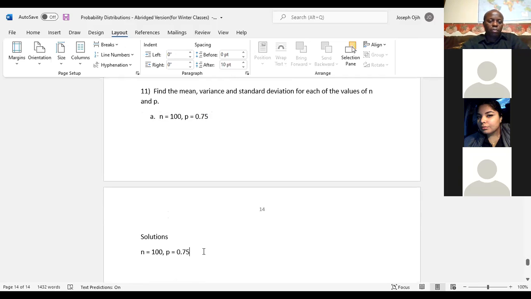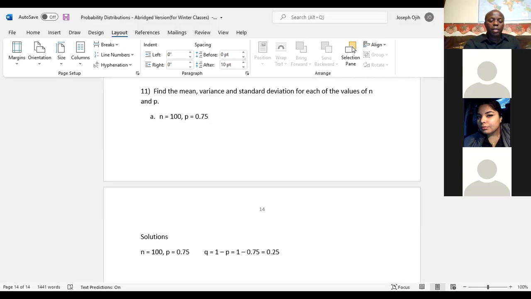So let's get our Q. Q is always 1 minus P, which is 1 minus 0.75. If you subtract this, you're going to get 0.25. You can double check this.